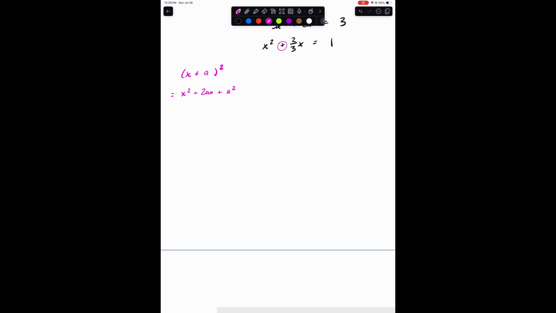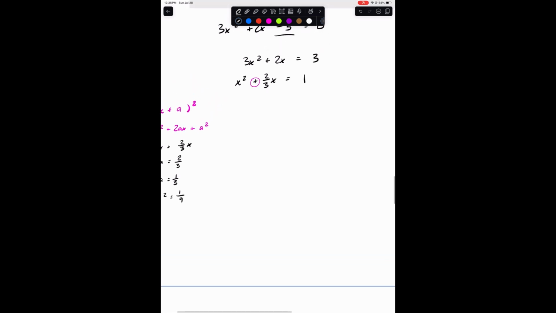So the question is, what is a? 2ax equals 2/3 x. So 2a equals 2/3, and a equals 1/3. Now 1/3 squared, a squared, is 1/9.